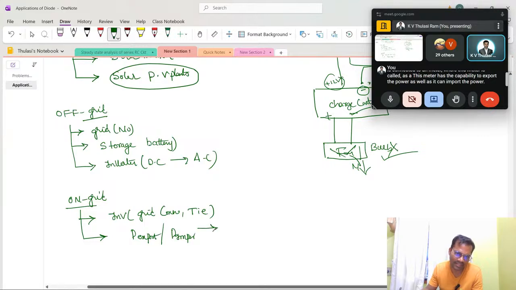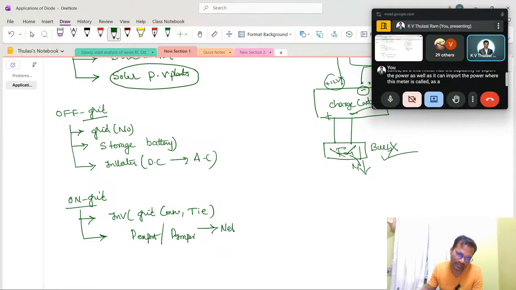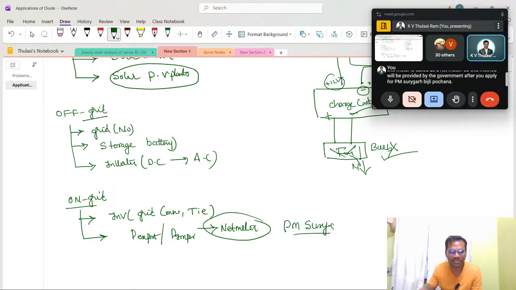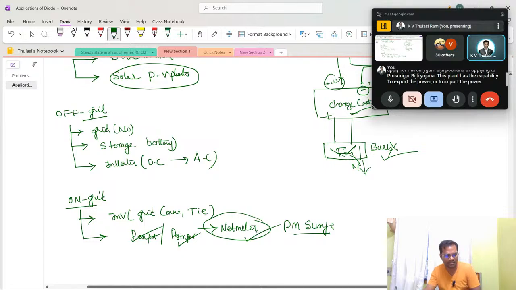This meter is called a net meter. This meter will be provided by the government after you apply for PM Surya Ghar Muft Bijli Yojana. After applying, this plant has the capability to export the power or to import the power, and that is done by a meter called the net meter.